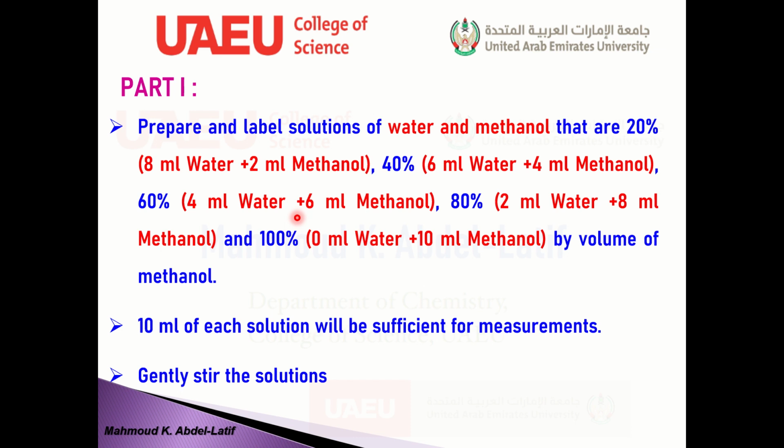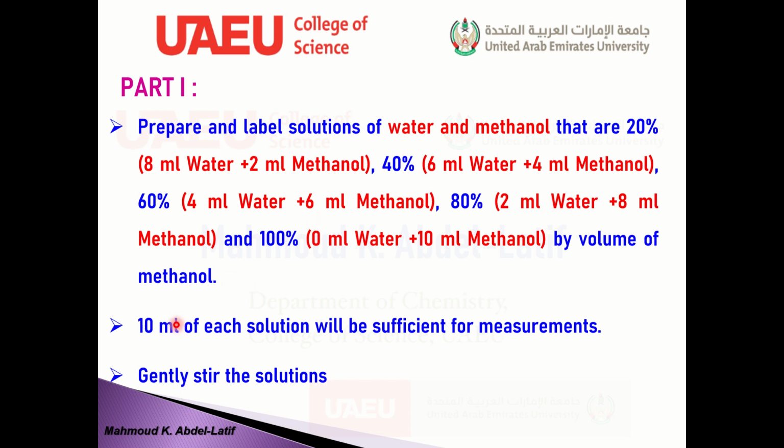We are going to prepare different solutions of water and methanol that are 20%, 40%, 60%, 80%, and 100% methanol by volume. In the first run, we use 100% water. For the second, increase to 20% methanol: 8 milliliters of water plus 2 milliliters of methanol, then 6 milliliters and 4 milliliters of methanol, and so on until you reach 100% methanol, all by volume percentage.